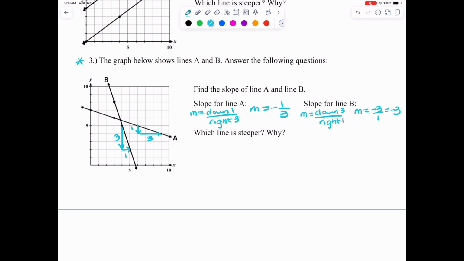Now, if we use the same logic we did for question 1 and 2, -3 is less than -1/3, but we said line B was definitely steeper. So I want to make a note of that. Make a little star. Line B is steeper, but -3 is less than -1/3, not greater.